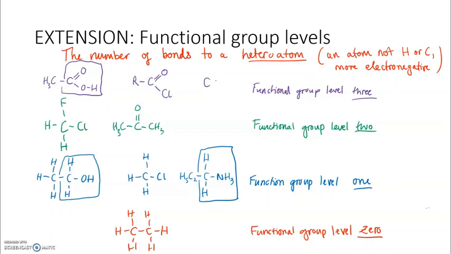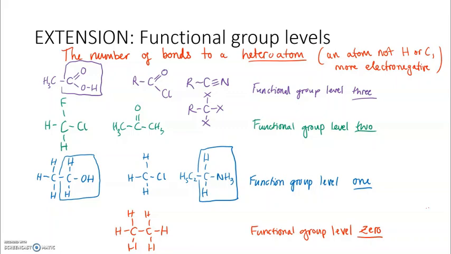Or you could also have something that looks like this, which would all sit up at a functional group level of 3. Or even you could have something that looks like this, where X is a halogen, for example. That would also be at a functional group level of 3.